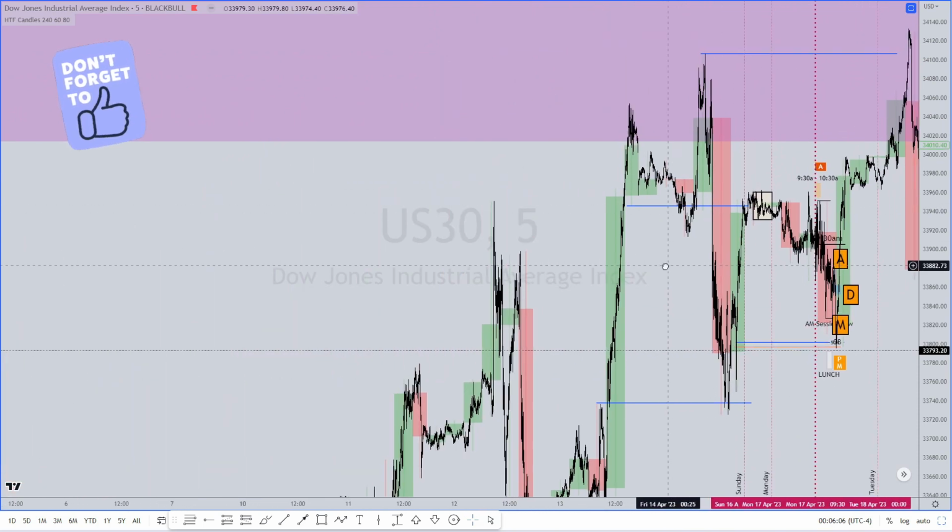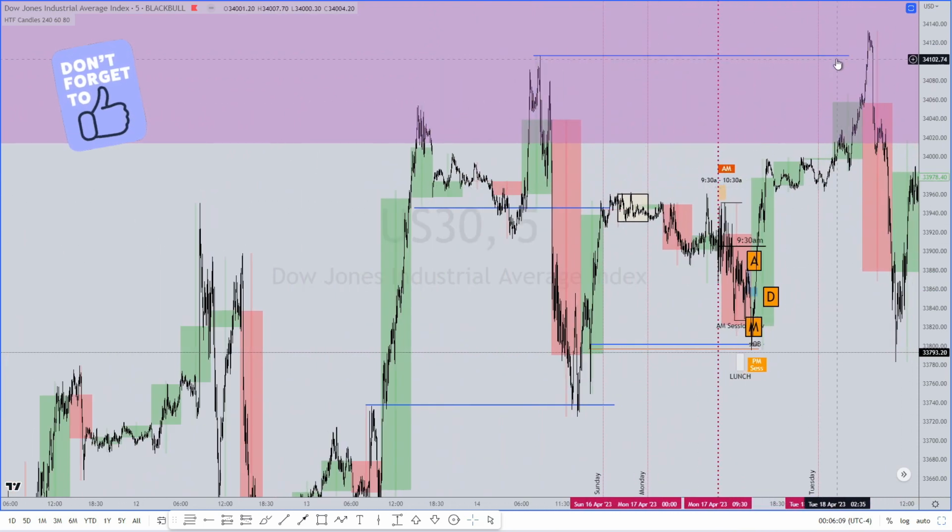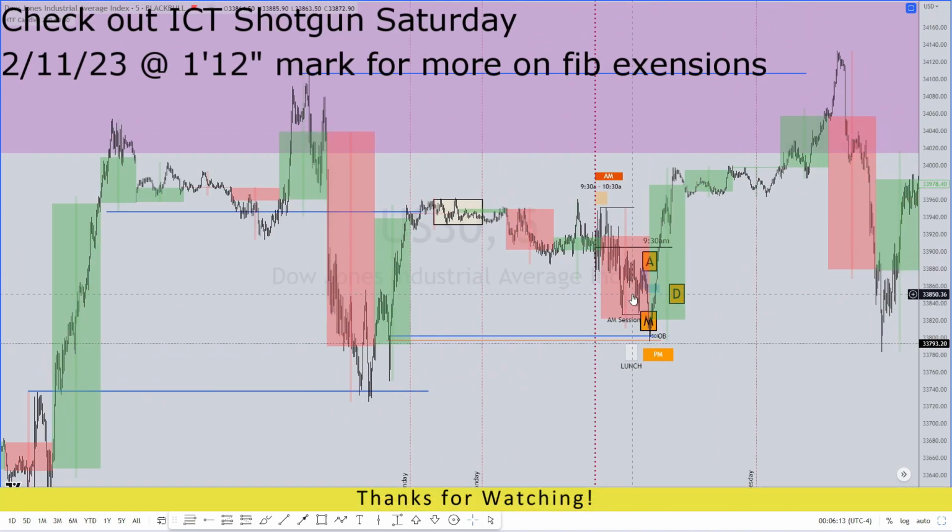The other area that we'll be looking at is our run. So that run above this high happens here, and we're using one of our extensions.